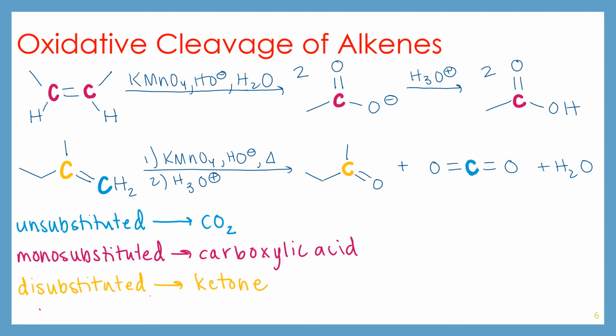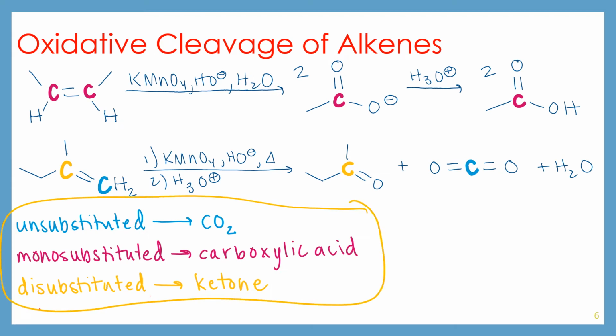There's kind of a trend to these reactions. Right now it looks really complicated, but if you look here, it's actually not at all. If the carbon of the alkene is monosubstituted, such as these pink carbons, note they only have one substitution and the other thing is a hydrogen, then they are going to make carboxylic acids. If the carbon is disubstituted, it will make a ketone.